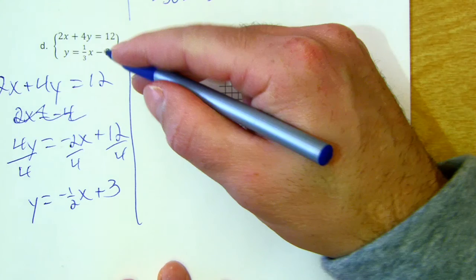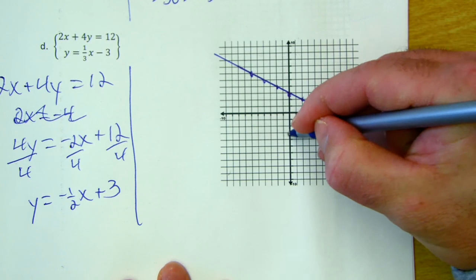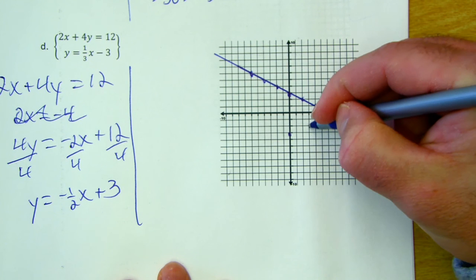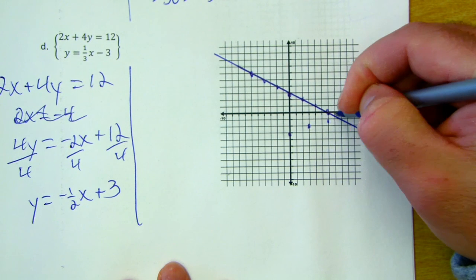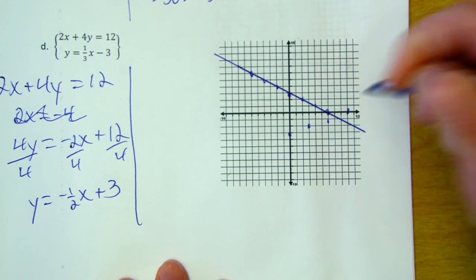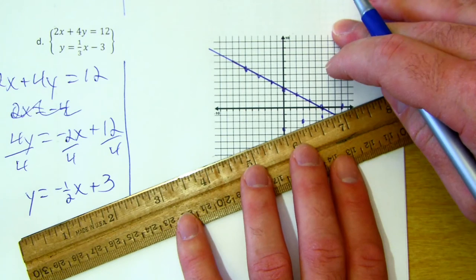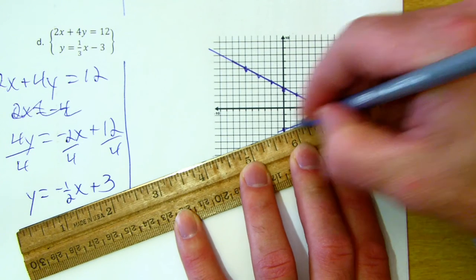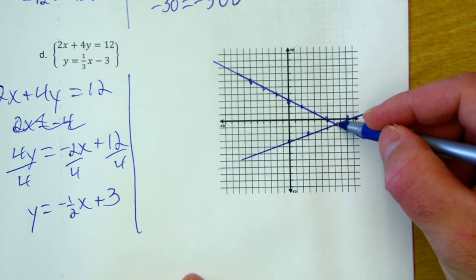All right, and then our y equals 1/3 x minus 3, so y-intercept at negative 3 there, slope of 1/3, so it's up 1, right 3, up 1, right 3, up 1, right 3. Okay, so I picked this example out here to show you that our solution is going to be a decimal, okay?